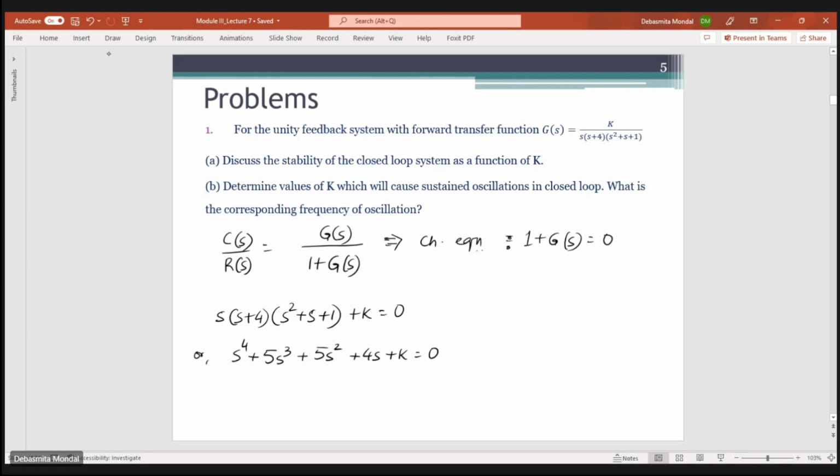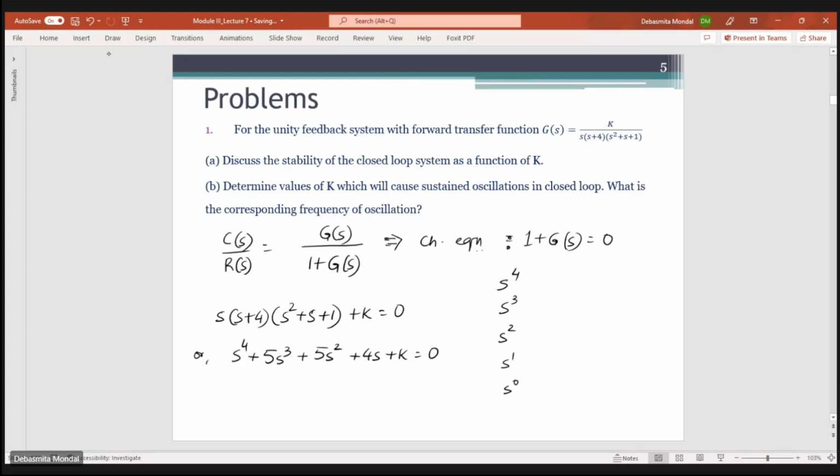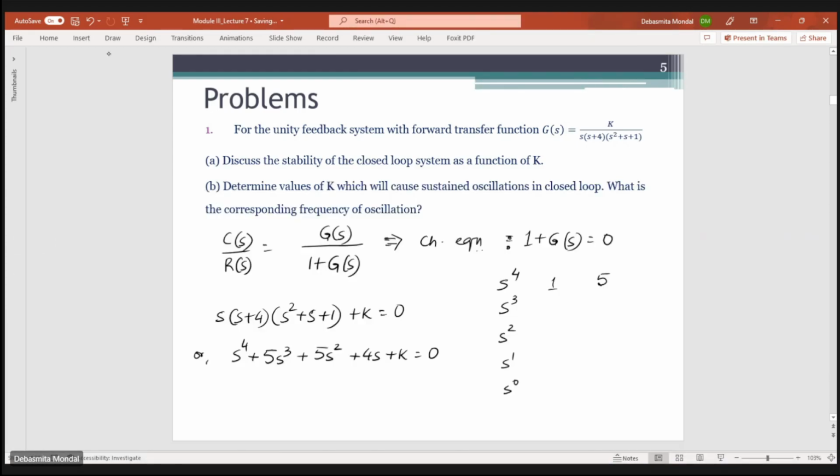For performing the Routh test, you will first form the Routh array. Just tell me what will be the elements of this Routh table. What will be the first row elements of the table? 1, 5.